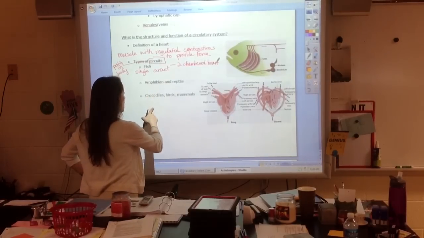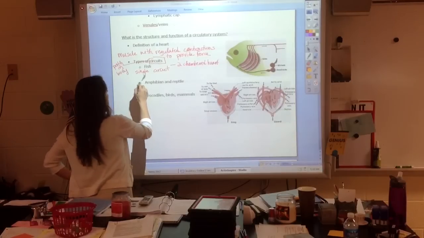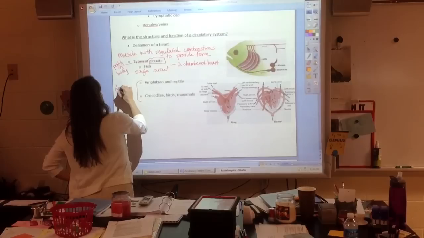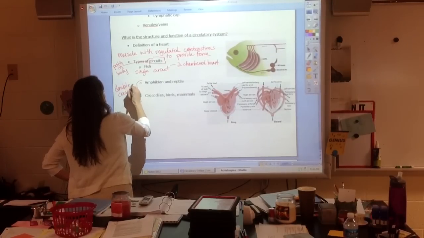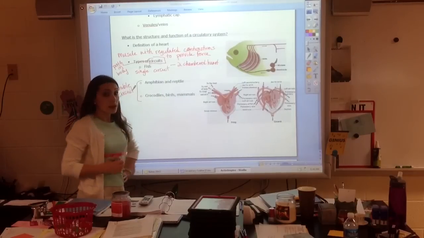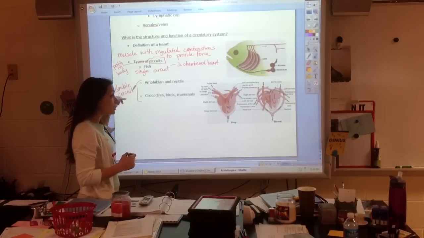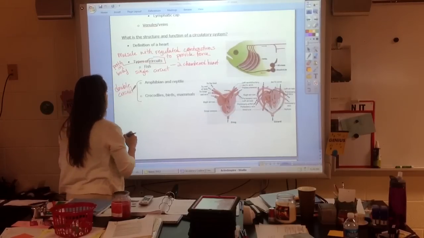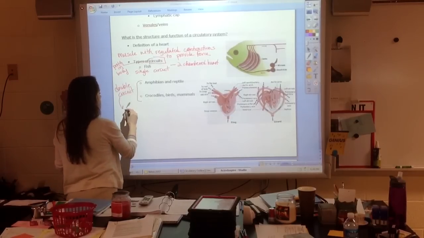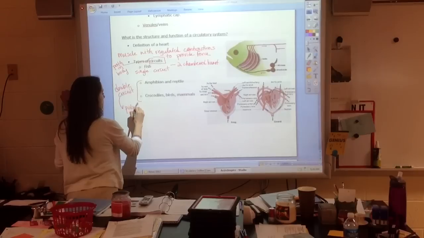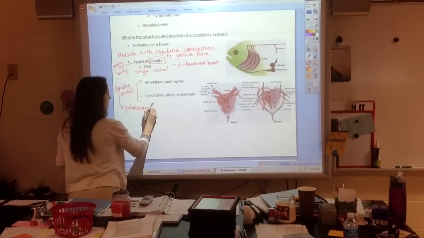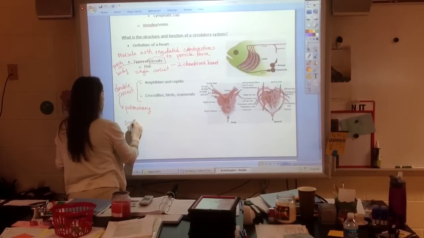Amphibians and reptiles, as well as crocodiles, birds, and mammals, are going to have a double circuit. Because they're going to have both a heart and lungs. So they're going to have a pulmonary circuit and a systemic circuit.